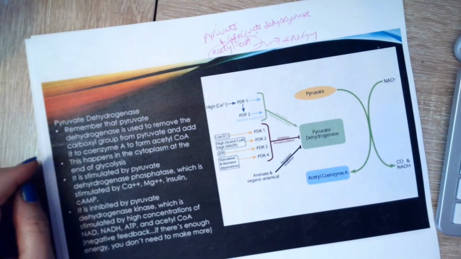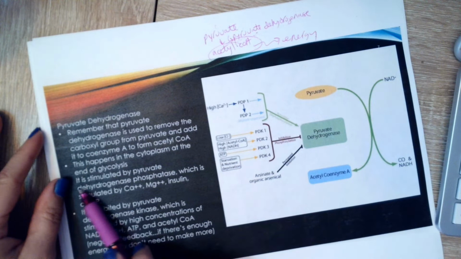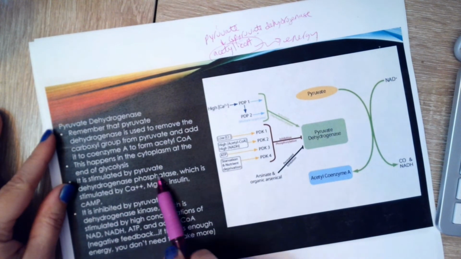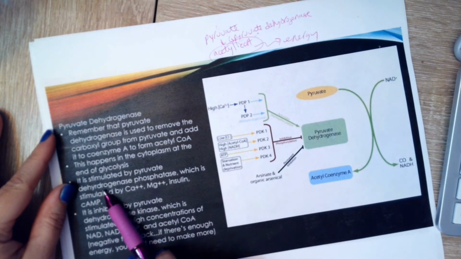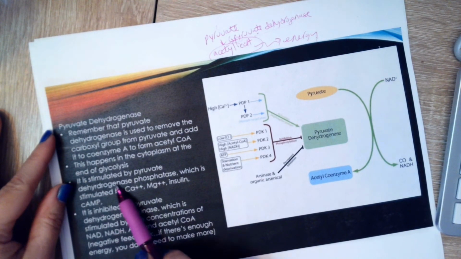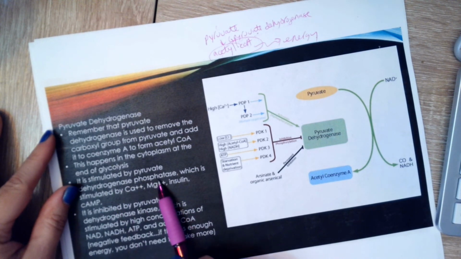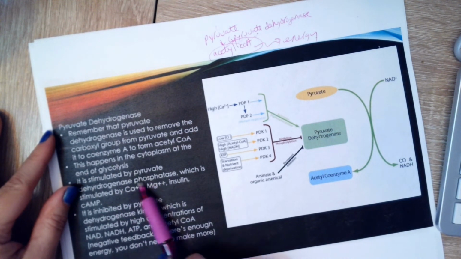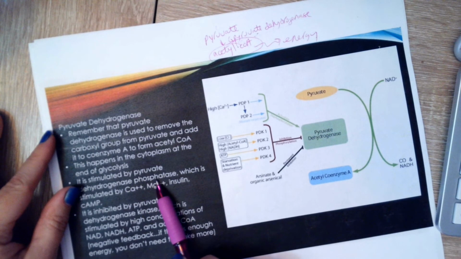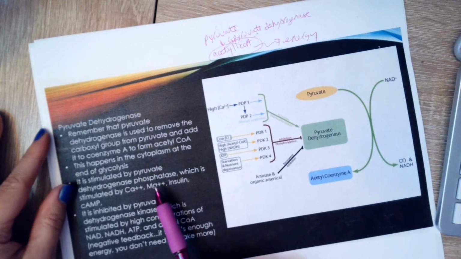So what stimulates it? What inhibits it? It's stimulated by pyruvate dehydrogenase phosphatase. These are tongue twisters.